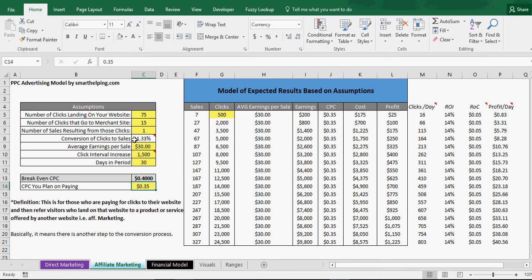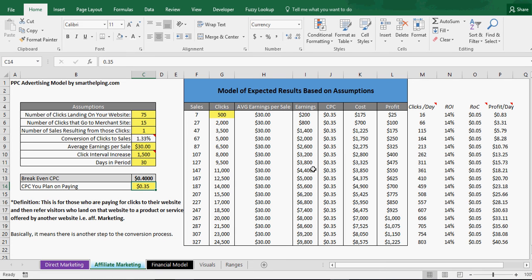And note that conversion percentage is also tied to your cost per click. So with that increase, we were saying that conversion increases and the cost per click stays the same. And the reason we're saying the cost per click stays the same is because the amount of clicks stays the same.